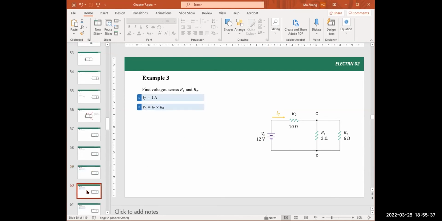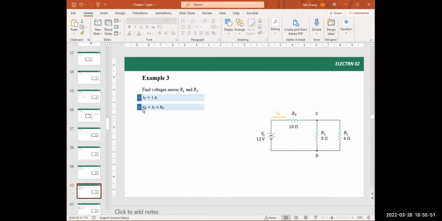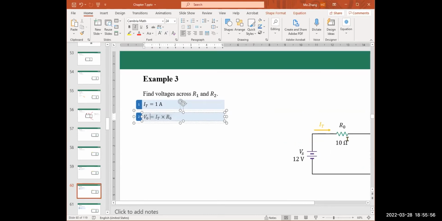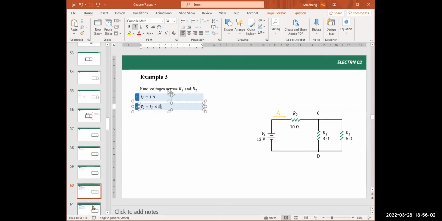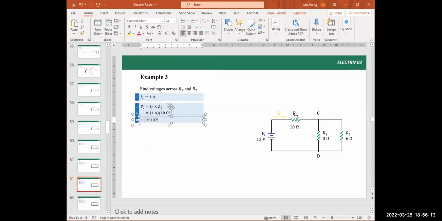The total voltage drop on R0 is the current passing through it times its resistance. Voltage V0 across R0 equals the total current times R0. Plugging in numbers, 1 ampere multiplied by 10 ohm. The product is 10 volt. So 10 volt drops on R0.